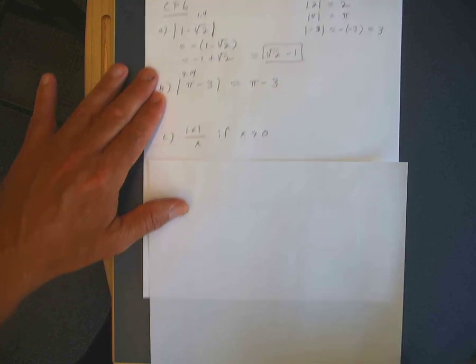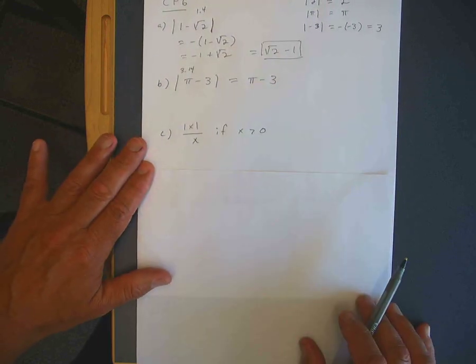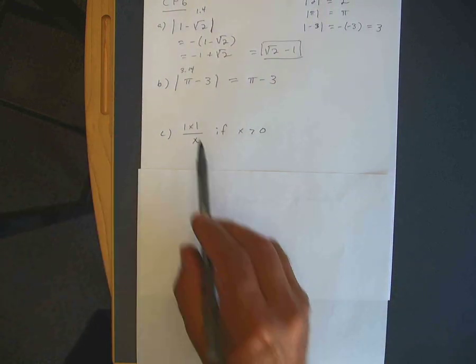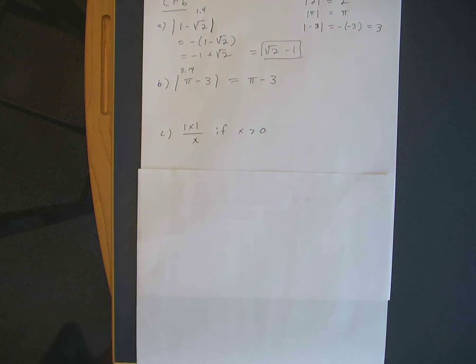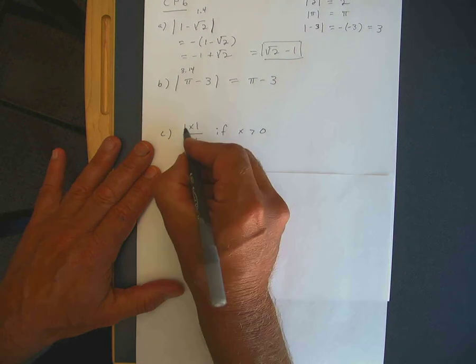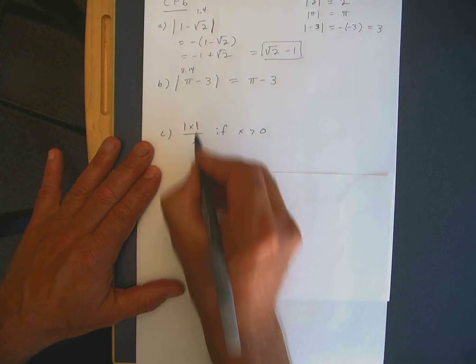The next example here, C, is the absolute value of x over x. They're not telling you what x is equal to, but they're telling you that it's greater than 0. So that will allow us to work with the absolute value expression here.